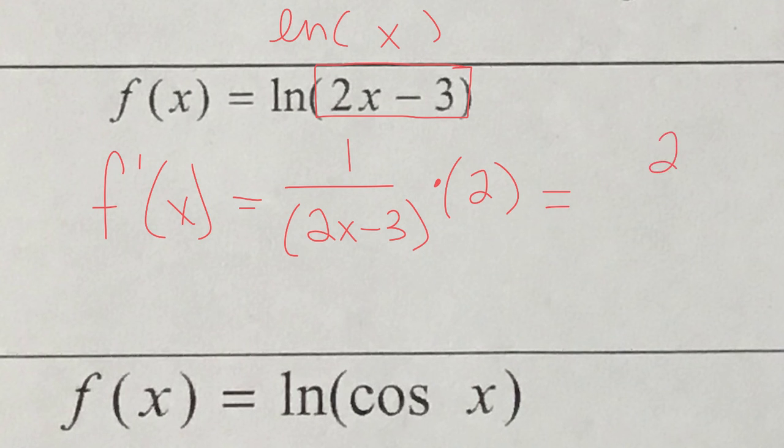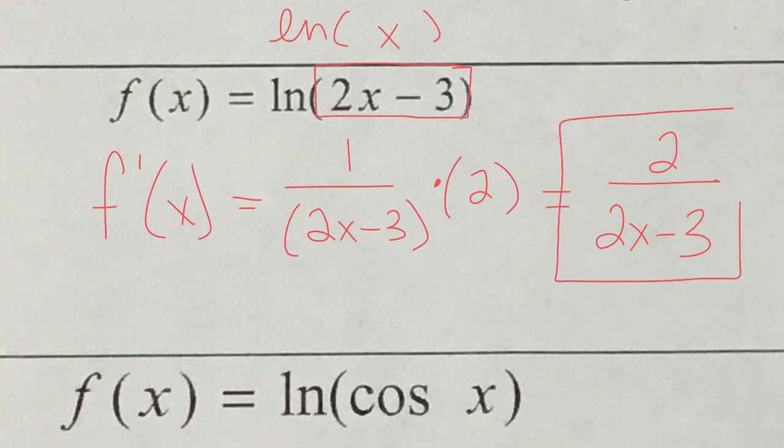So our final simplification becomes 2 over 2x minus 3. Okay? So remember, this is the equation that you would use to find the slope of the tangent line at any point along the natural log of 2x minus 3.